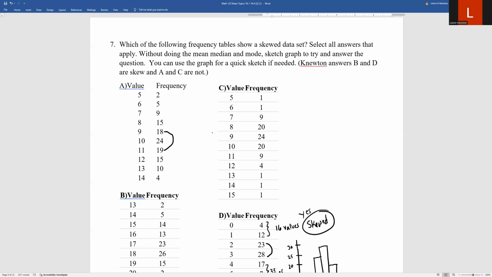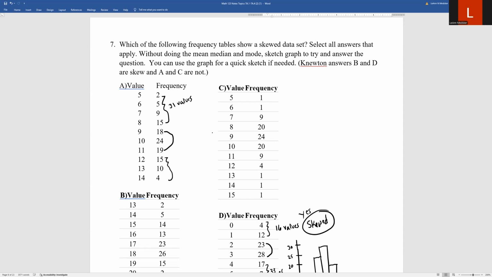Then we're going to add these together. So this is, let's see, 7 plus 9. That's going to be 16 plus that's 31 values. Now, usually they say within 4 to 5 value points, as long as it's within that of 31, it's going to be symmetric, mostly symmetric, okay?